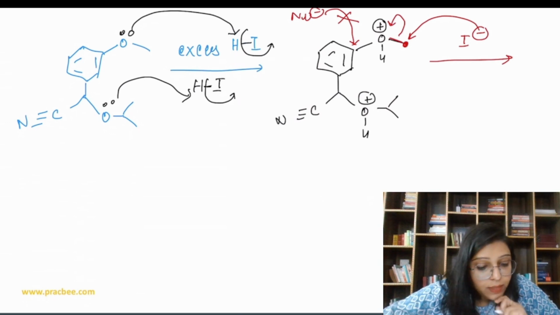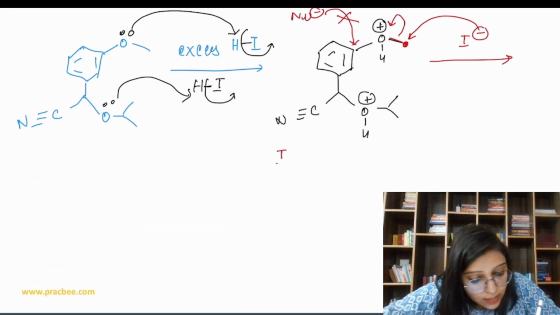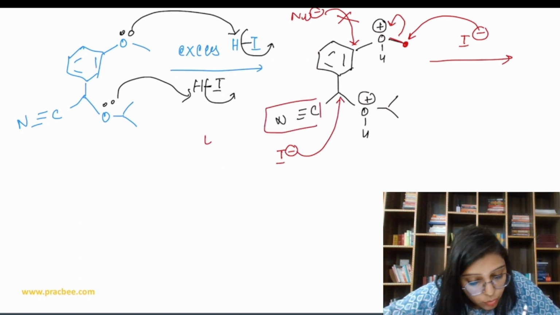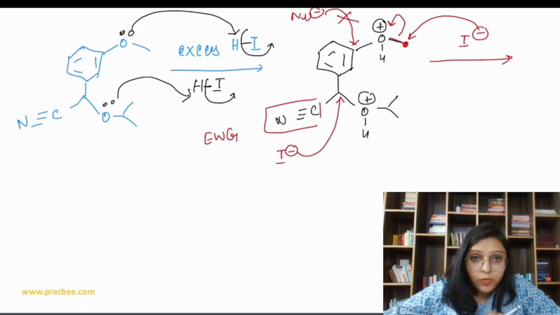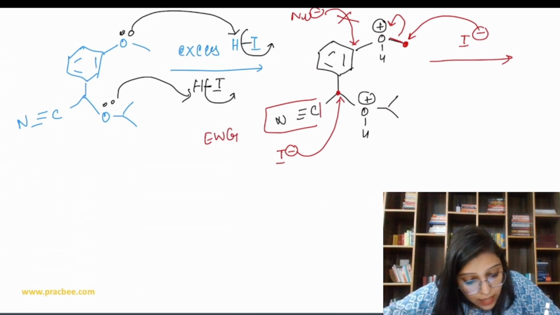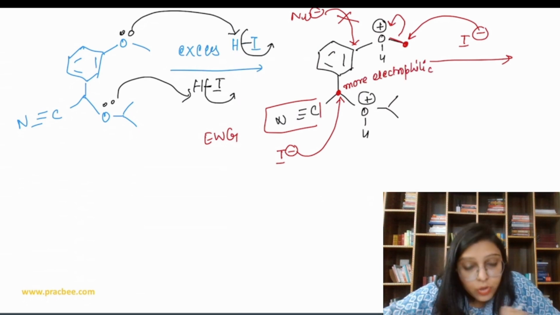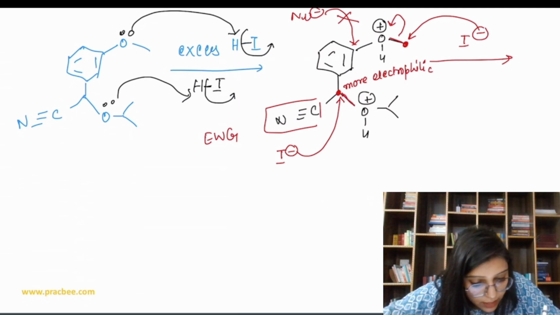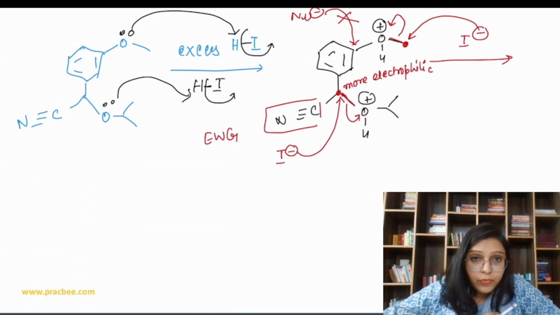Similarly, another I minus attacks over here. Why? Because this is an electron withdrawing group. So if this is an electron withdrawing group, this carbon is more electrophilic, right? Then it attacks over here and the electrons of this bond shift over here.